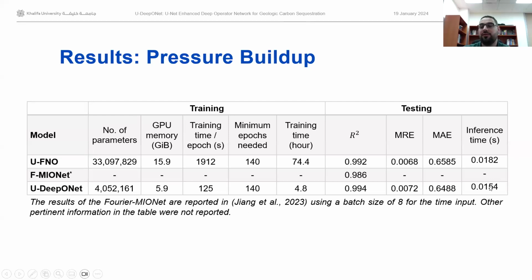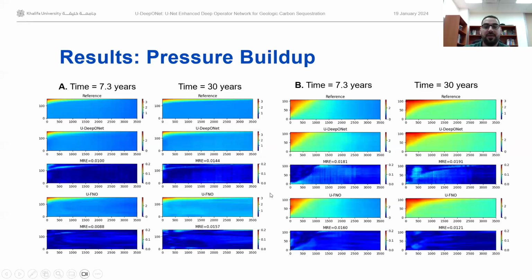This is also reflected in the inference time, where the U-DeepONet is faster. We don't have much information about the performance metrics of the Fourier MIONet because it was not reported in the paper.